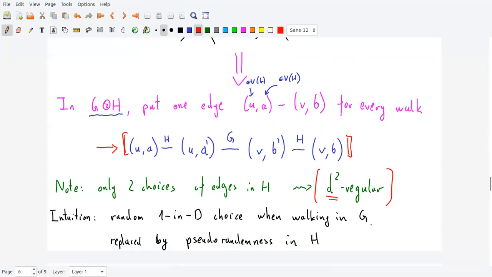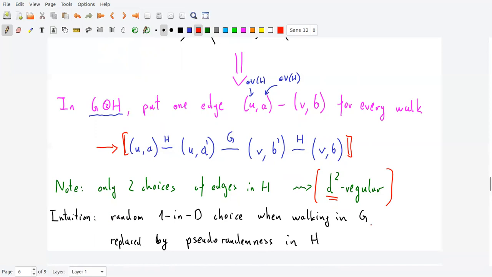So now, what is my intuition behind this construction? Essentially, if you are doing a random walk in the graph G, whenever you are standing at a vertex, you need to choose the next edge. And there are capital D choices for the next edge, which can be large, meaning we would like to limit this degree capital D to something smaller, while still preserving that the graph is a good expander, which corresponds to the random walk being rapidly mixing.